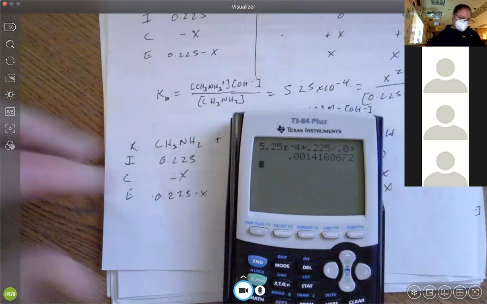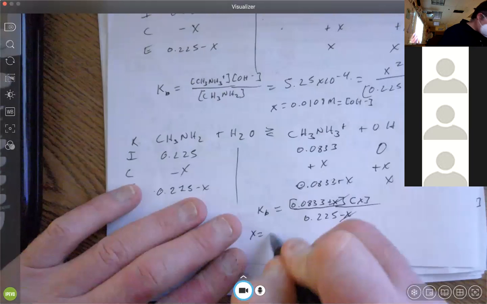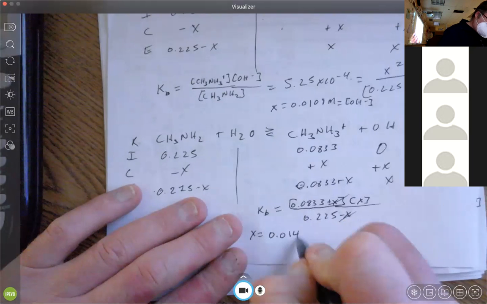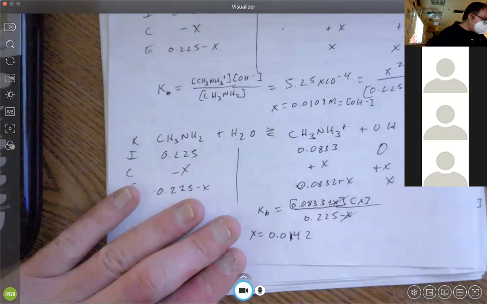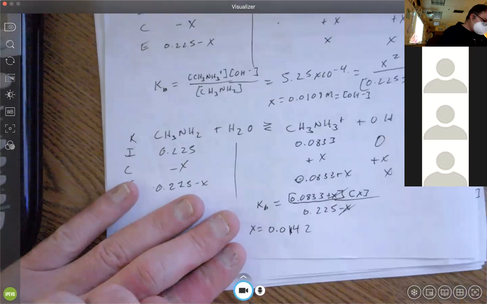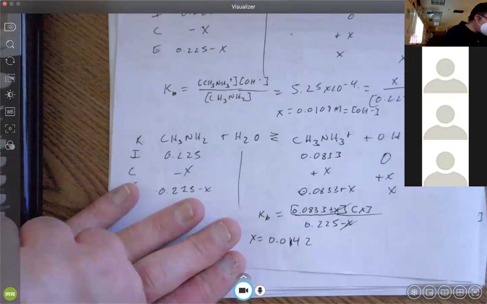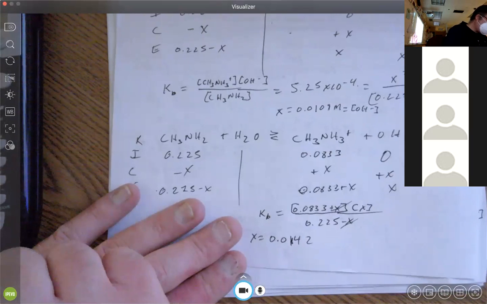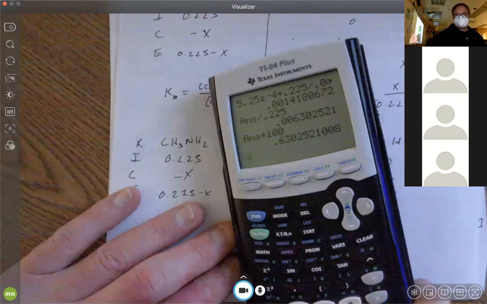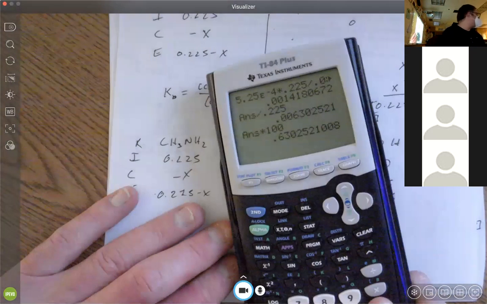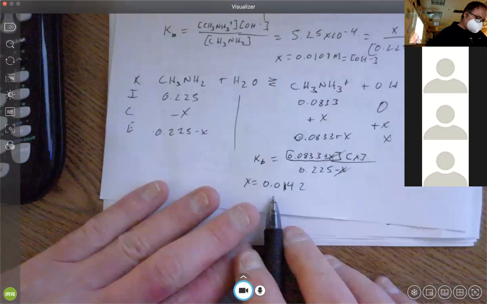We get 0.00142. Right? That's a 0.6% difference, so that's definitely less than 5%. So x equals this.